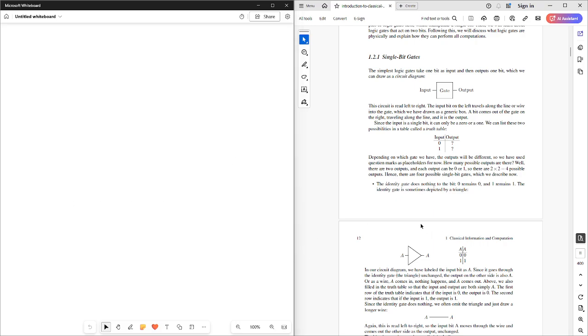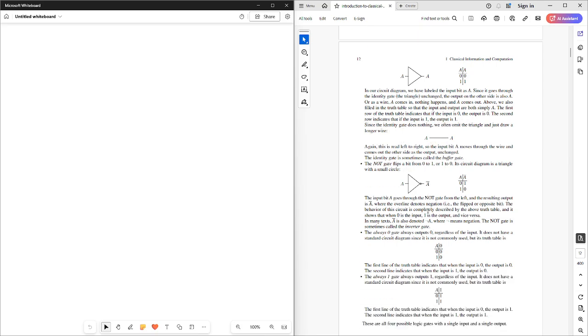Okay, alright, so the AND gate, the OR gate, same kind of business here. The NOT gate's next. It negates: whatever we put in, the opposite comes out.